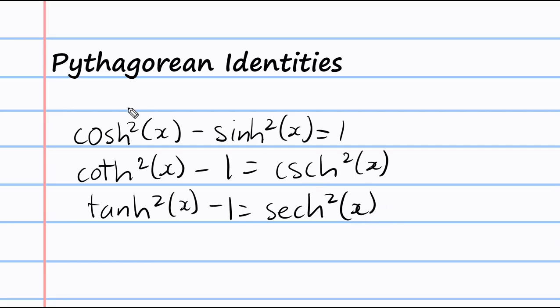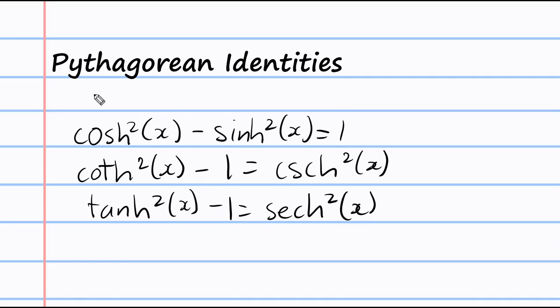So here, these signs are a little bit different for the top one, for the main Pythagorean identity. And then in normal trig, it would be cosecant squared x minus 1 equals cotangent squared x. But in this case, cosecant and cotangent have swapped their places. And same thing with tangent x and sec x.